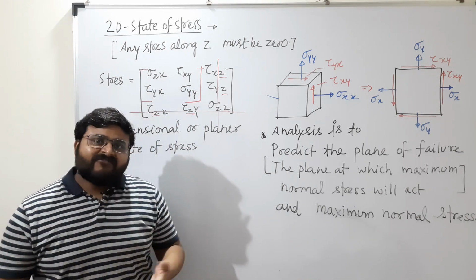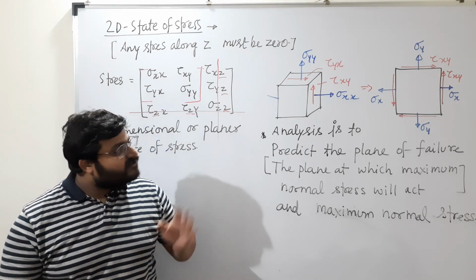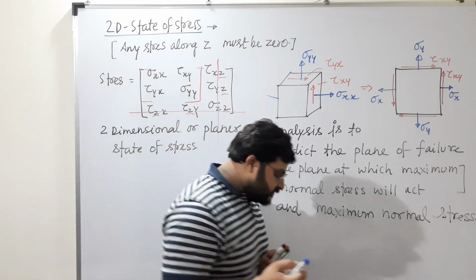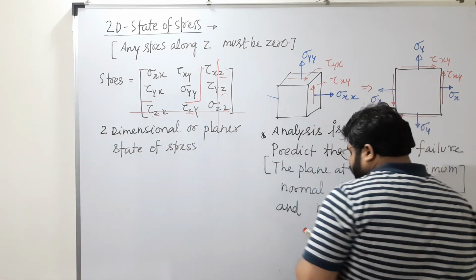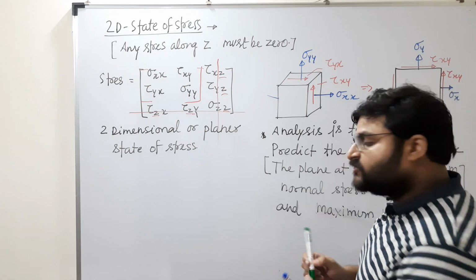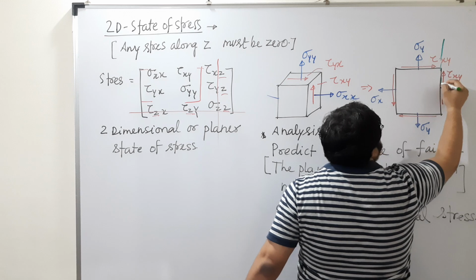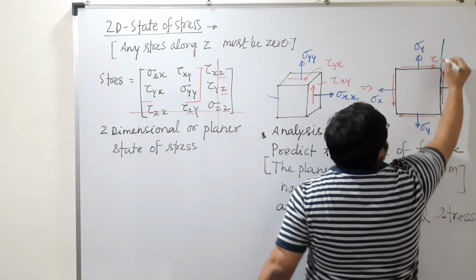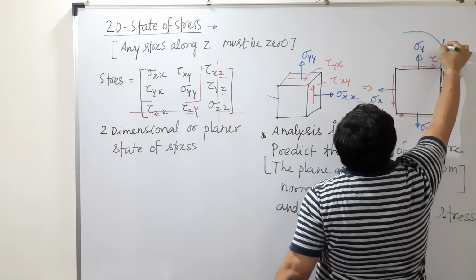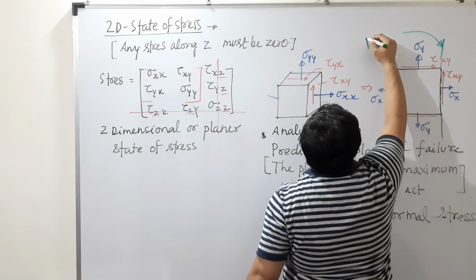Now what will be our approach? We are considering this plane, so we have to start with respect to some reference plane. Let us take this plane as our reference plane. This will be our reference plane for all the problems of complex stress and strain.